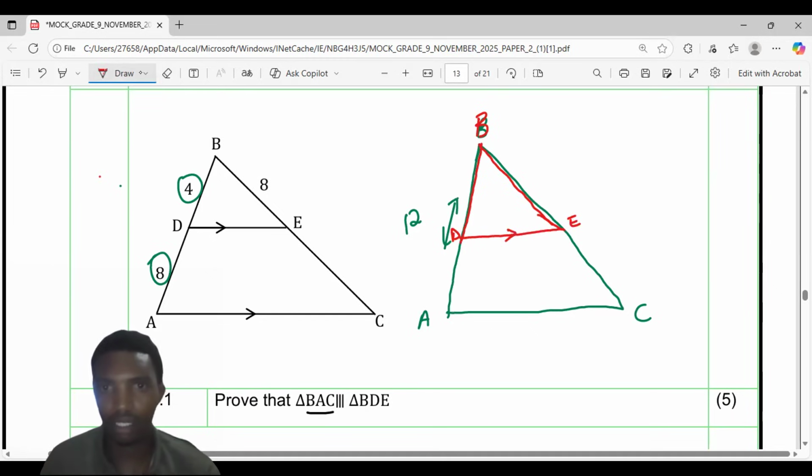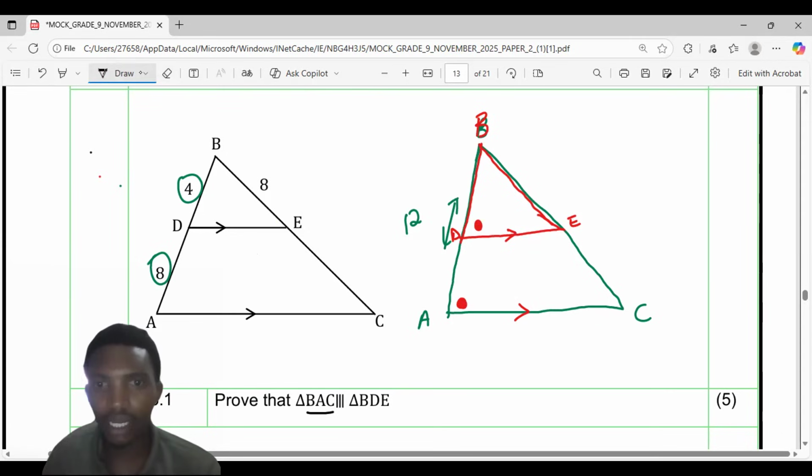And then remember they said these two are parallel. So I think we should prove this. How can we prove this? We know that when we have parallel lines, this angle here is equal to that angle there. What is our reasoning for that? The corresponding angles. So how do we name it?